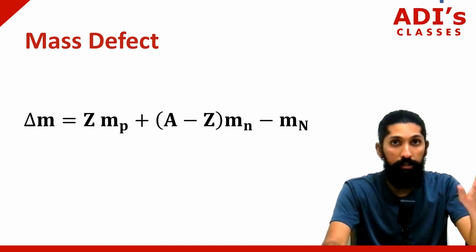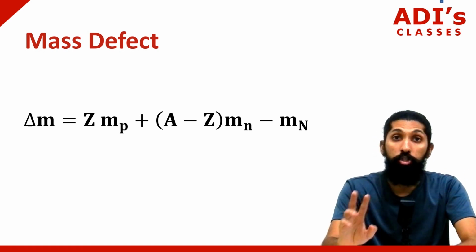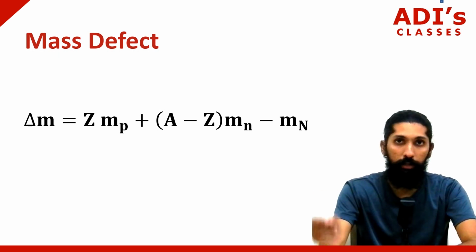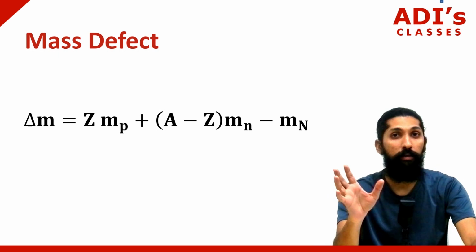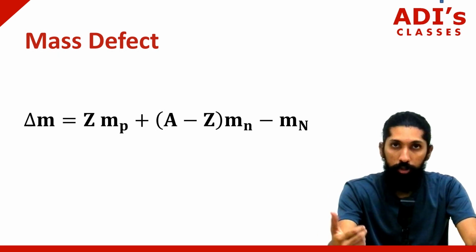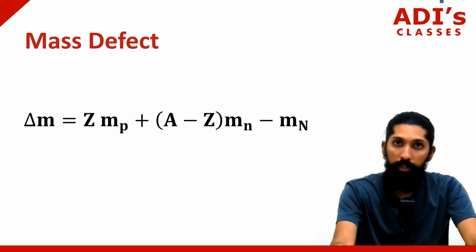This is the mass defect, the change in the mass. It could be very small or very big, depending on the nucleus, but most of the time the mass defect is a very small value.